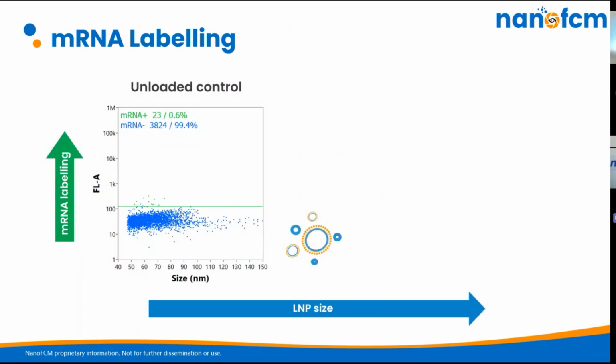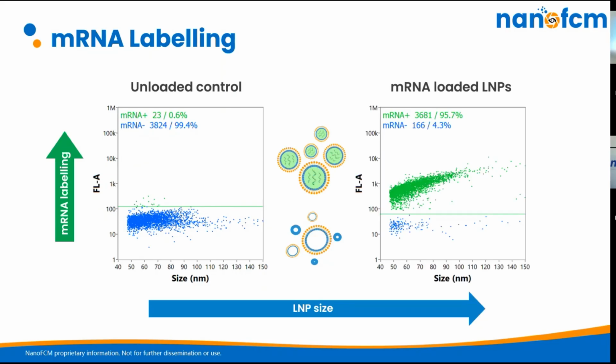So we start here by validating the labeling. We stained our unloaded control with some example LNPs and found a false positivity rate of 0.6%, which is nice and low. We can then distinguish mRNA loading, which in this instance is 95.7%, which reflects the amount of LNPs that are loaded with mRNA.